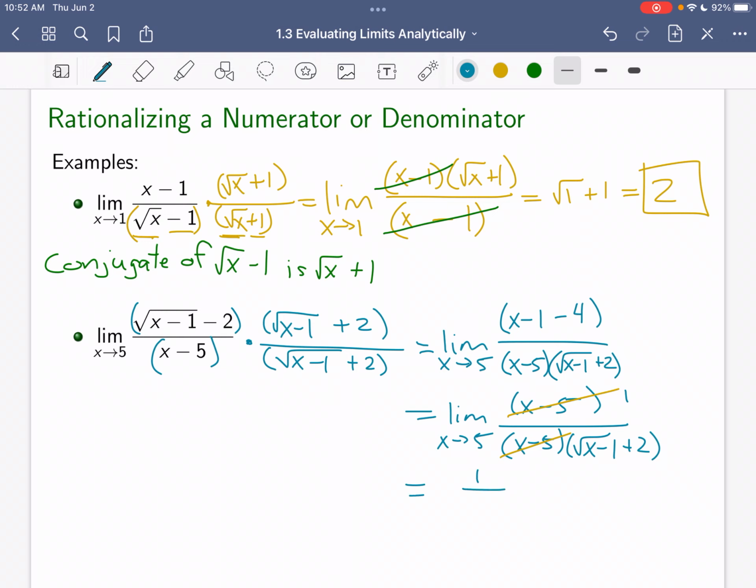So if we do direct substitution now, we have 1 over the square root of 5 minus 1 plus 2, which will give us just 1/4. And that's the second method or strategy when we're trying to deal with limits at points that are discontinuous, that are not continuous.